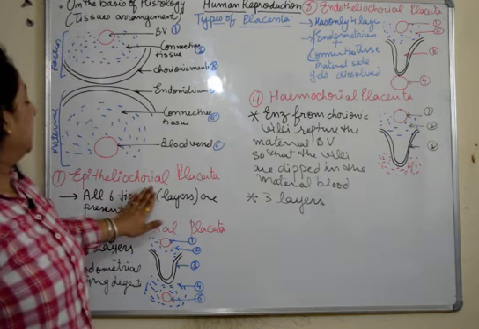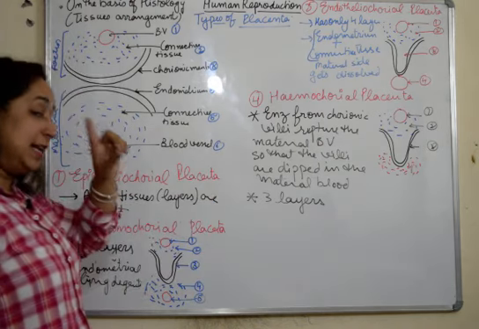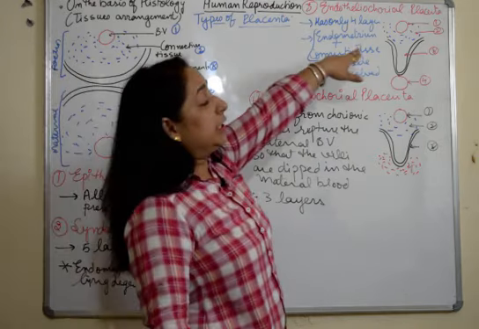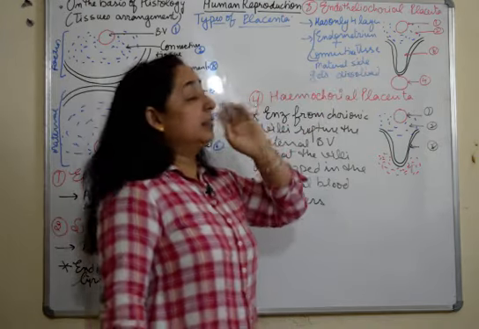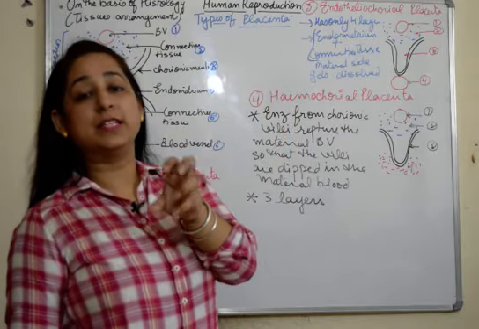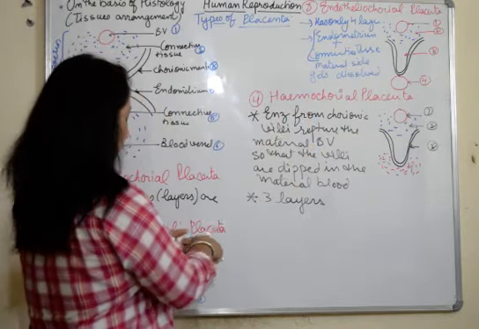Second, that is epitheliochorial placenta. Syndesmochorial placenta, wherein endometrium gets degenerate and we are left with 5. Endotheliochorial placenta, wherein the endometrium and connective tissue, maternal side, they are degenerated, hence we are left with only 4 layers. Hemochorial placenta, I'll write here, found in humans.